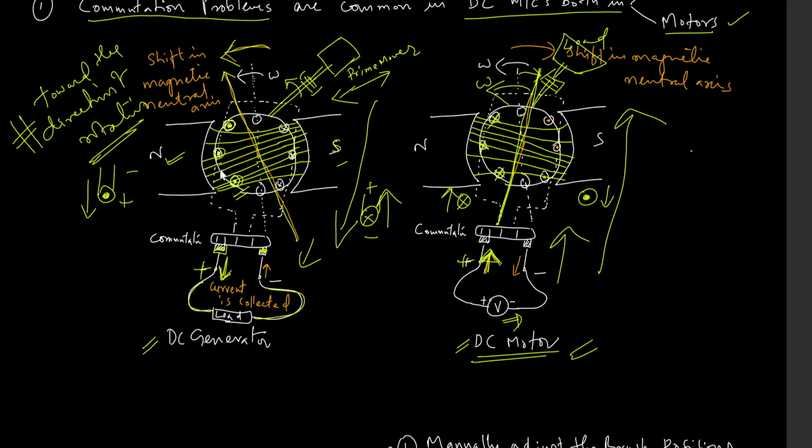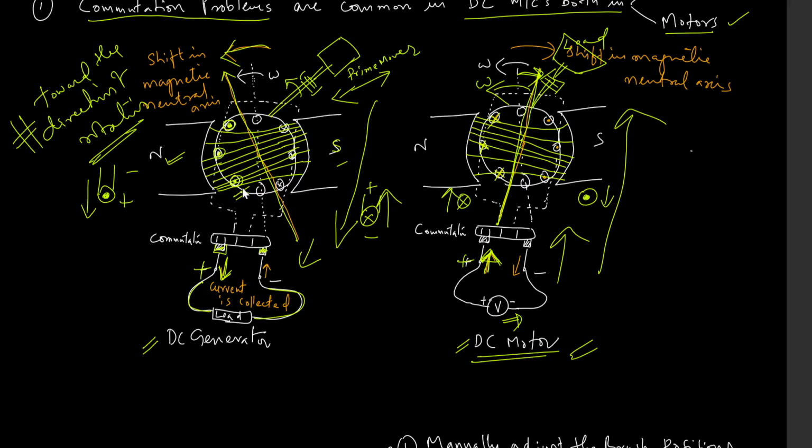This is the rotating speed of the armature, and the neutral axis is falling back. You have to understand how armature reaction exists in both generator and motor. But in a generator the shift is towards the rotation, and in a motor the shift is against the rotation.